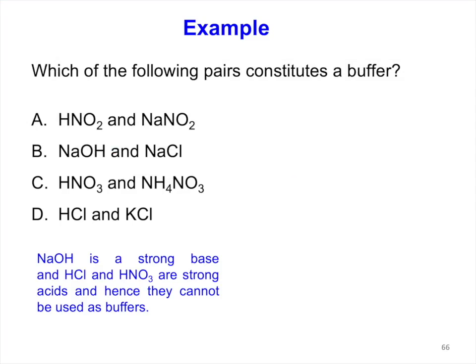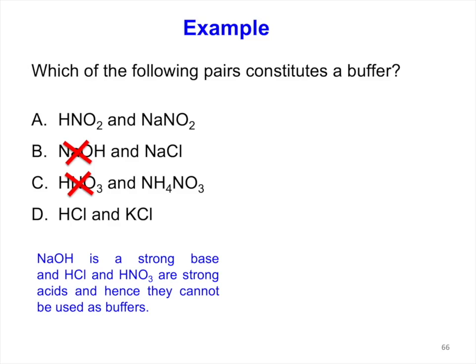For B, it is a combination of NaOH and NaCl. So NaOH here is a strong base. So a strong base cannot be used as a buffer. C is a combination of HNO3 and NH4NO3.